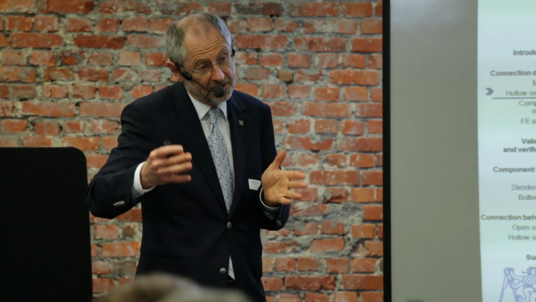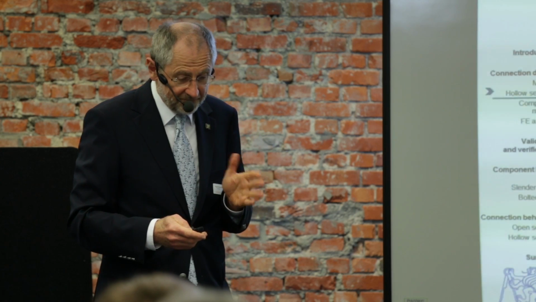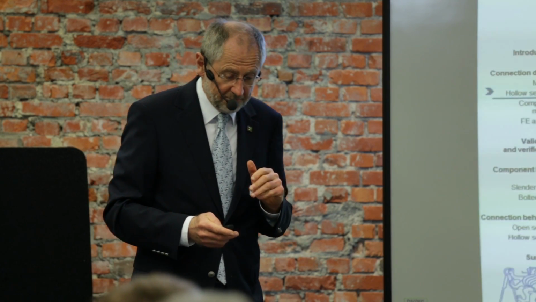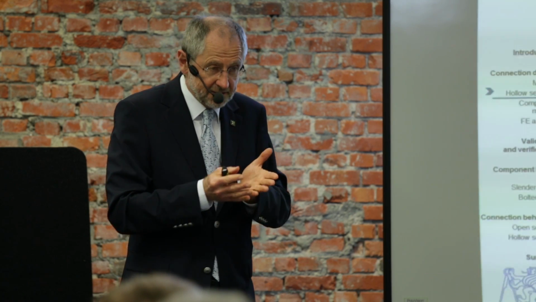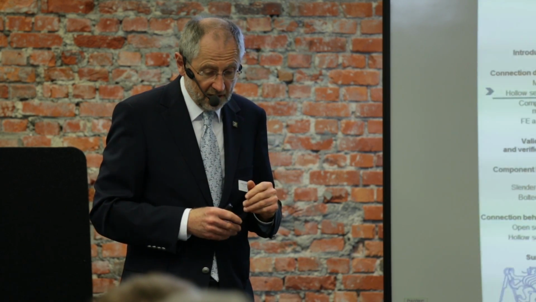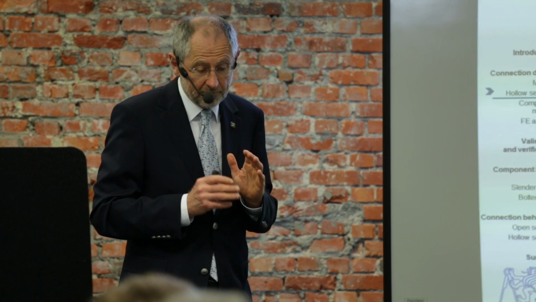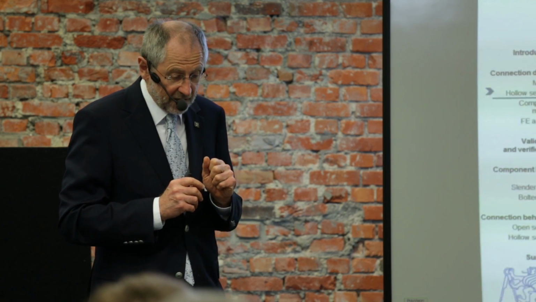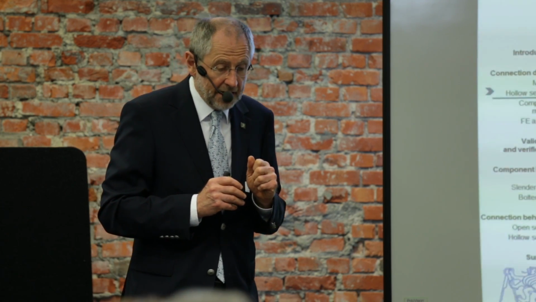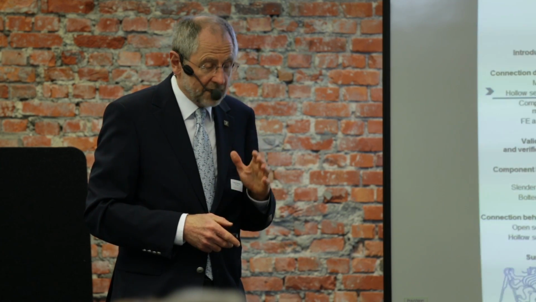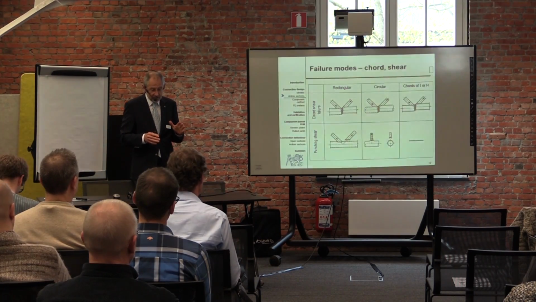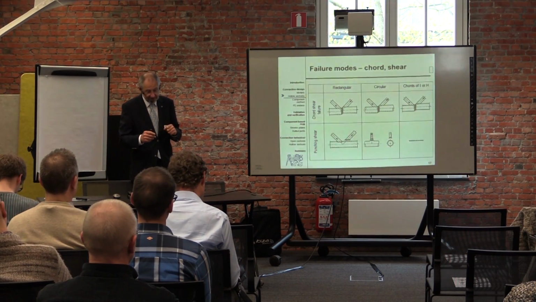To simplify it a bit, for more complex joints and for multiplanar ones, a lot of knowledge is also available in this CIDECT material, and it's summarized in these complex joints tables. The tables look like this.